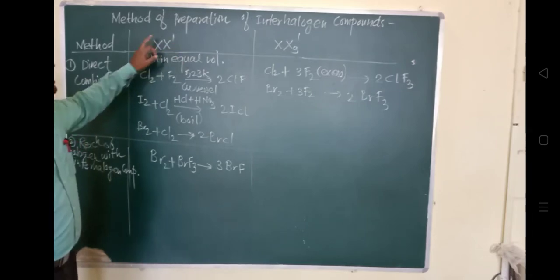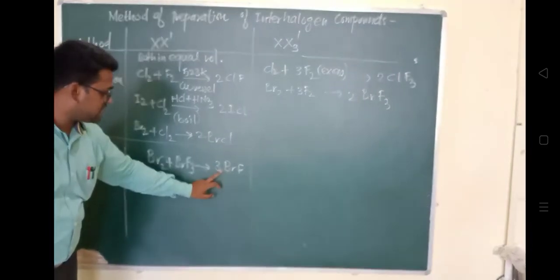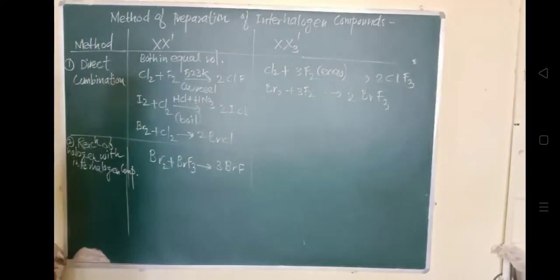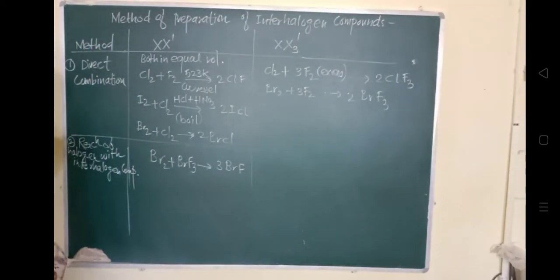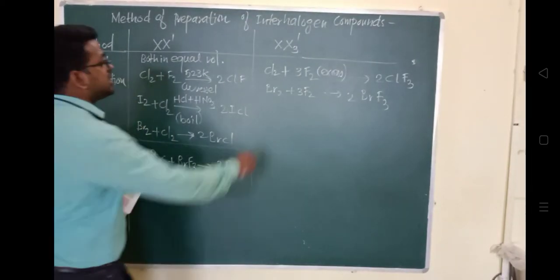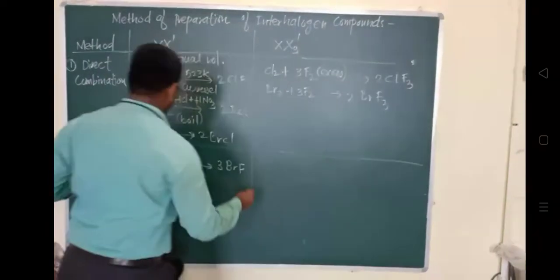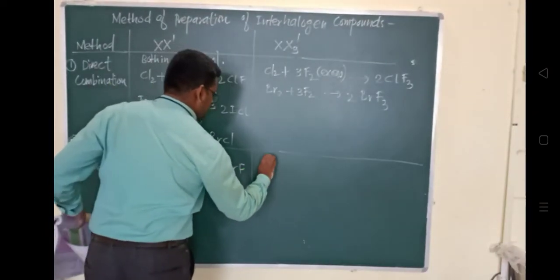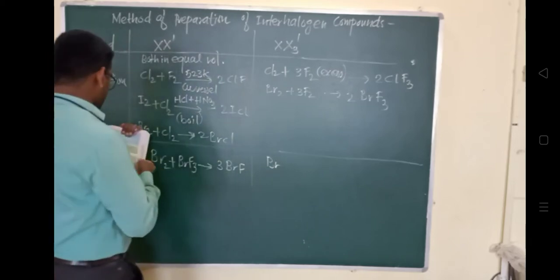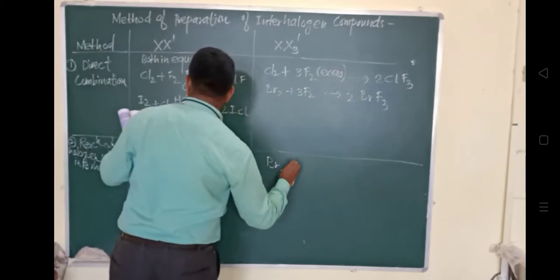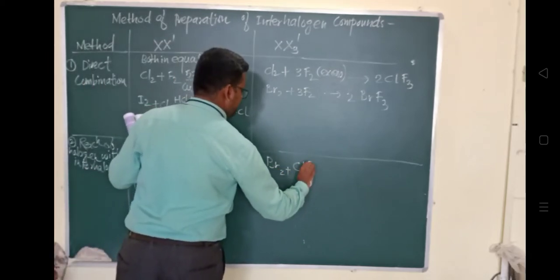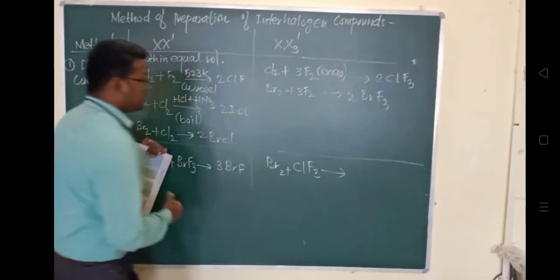Another method of forming X X3 dash type compounds is like this. Bromine Br2 is combined with ClF3. You can see bromine is itself a halogen group member and ClF3 is an interhalogen compound.